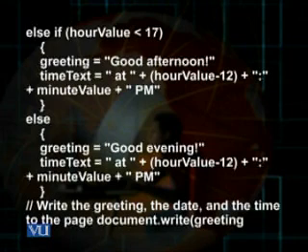Again, R value minus 12 because I want the result to be in PM. So in case the R value returned to me is 20 hours, it is 8 o'clock in the evening, so 20 minus 12. Therefore 8 PM would result for me.